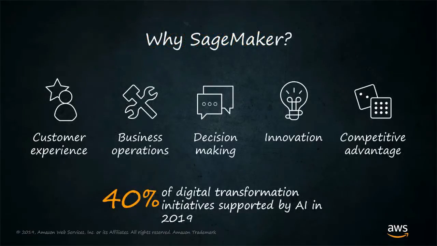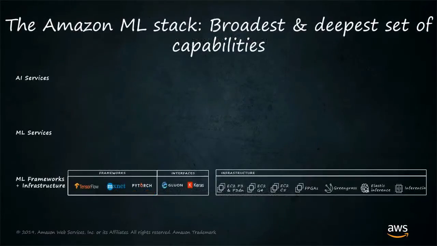So why SageMaker? SageMaker helps businesses in improving their customer experience. It helps them to make difficult business decisions efficiently. It also helps them to add new innovations to their business. So basically, Amazon provides different layers of machine learning stack.